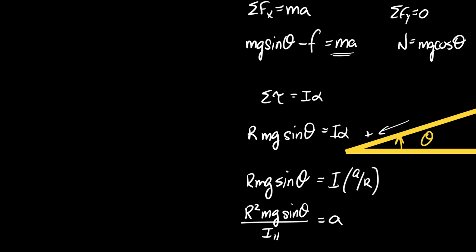So mg sine theta minus friction equals, and boy, this is going to be messy, but you guys are okay with this, so let's just have it.